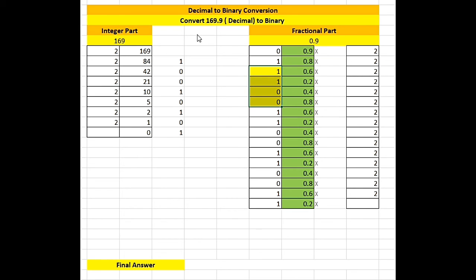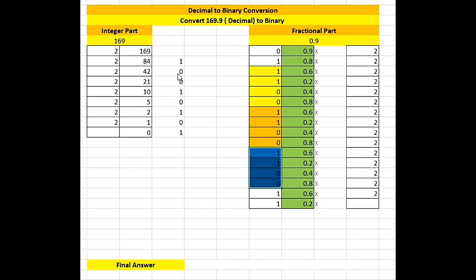So as you can see, it's a sequence 1 1 0 0, then again we are getting 1 1 0 0, then again it's getting repeated 1 1 0 0, right? So as you can see, this sequence is getting repeated.